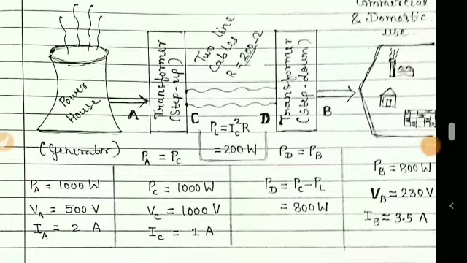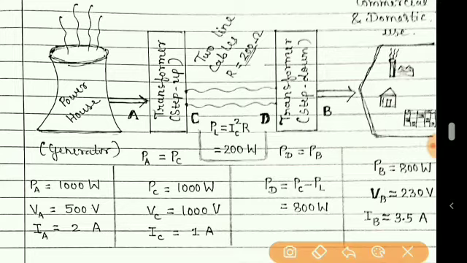Now students, question arises that why it is required to increase the voltage with the help of transformer. But before that, I'll show you some pictures of transformer, some images related to transformer.